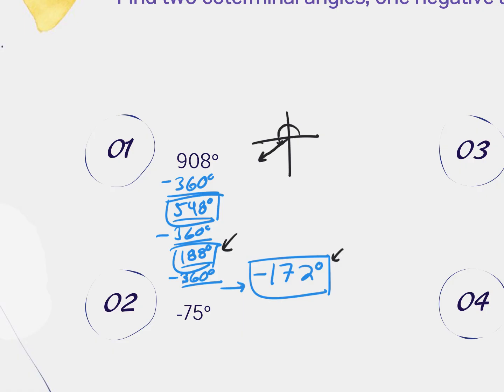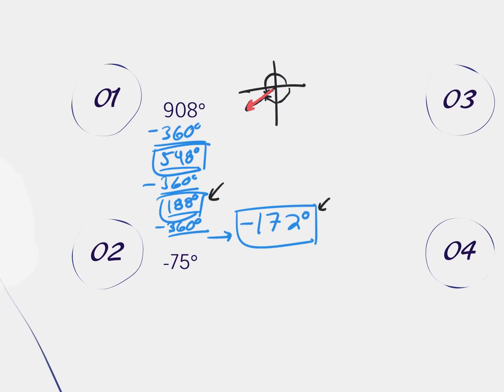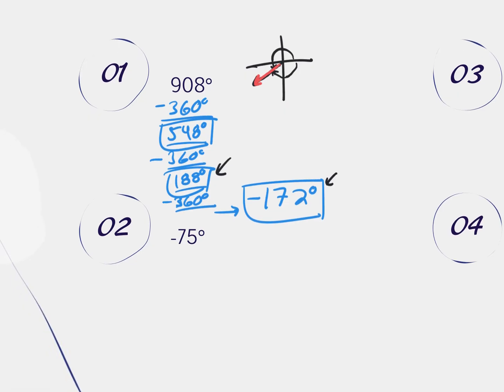Now for negative 172, if I go negative 90 degrees and then almost to negative 180, but not quite, you're going to end up at that same spot. So both angles are touching that same terminal side. And that's just the idea of a coterminal angle. You can see actually finding it is not so hard. You're just adding and subtracting.